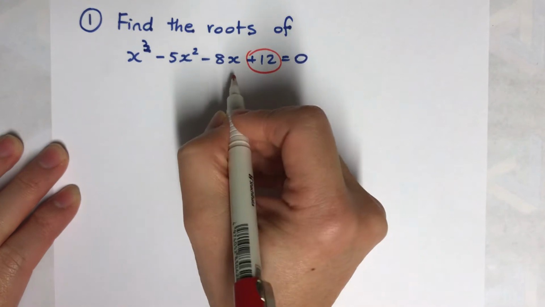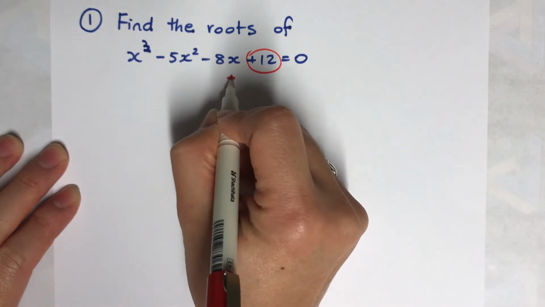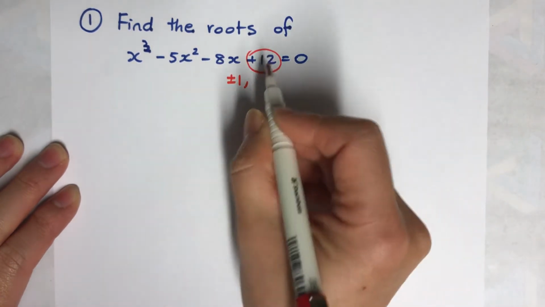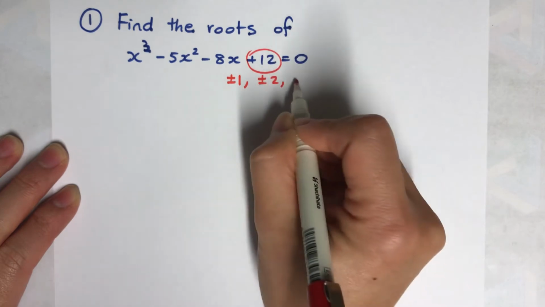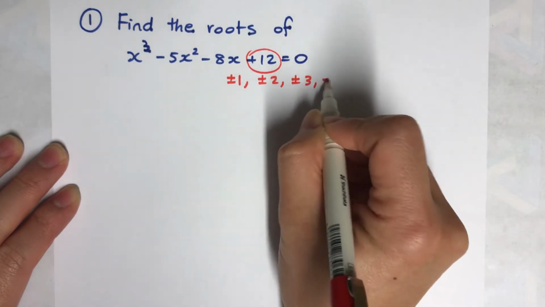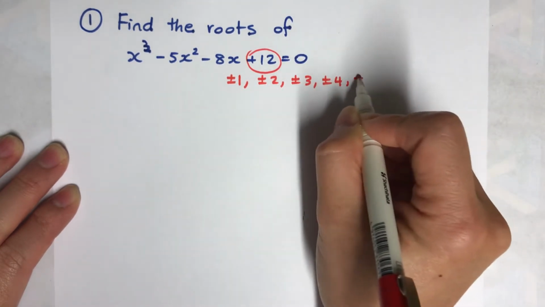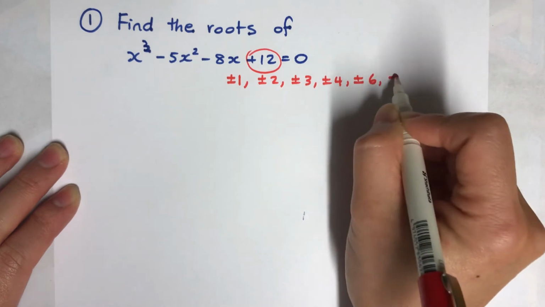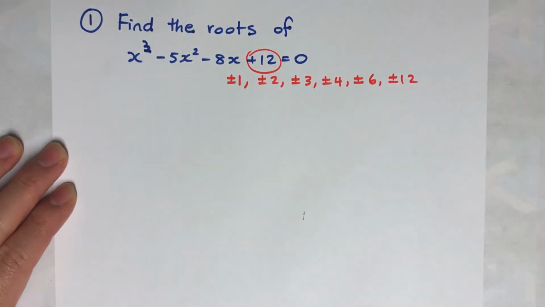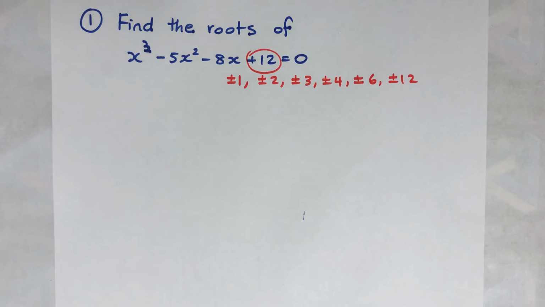Plus minus 1, plus minus 2, plus minus 3, plus minus 4, plus minus 6, plus minus 12. Hopefully you don't need to go through every single one. Hopefully you will just get the factors in the first few tries.